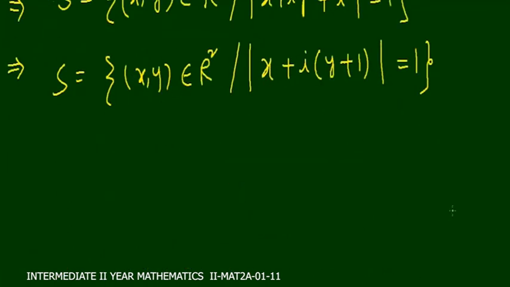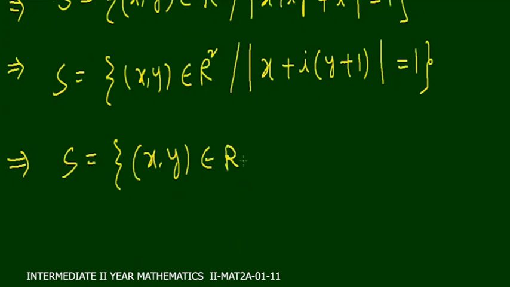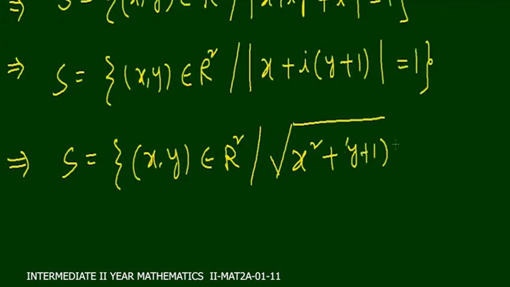Now further simplifying, S is a set of ordered pairs (x, y) belonging to R cross R such that the modulus, as mod z is equal to under root x square plus y square, here also x square plus y plus 1 whole square is equal to 1.